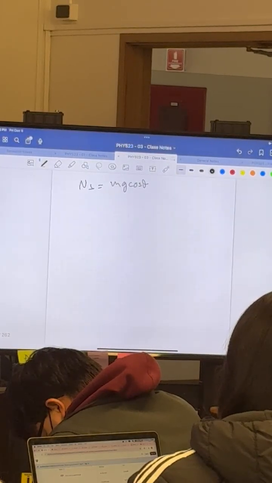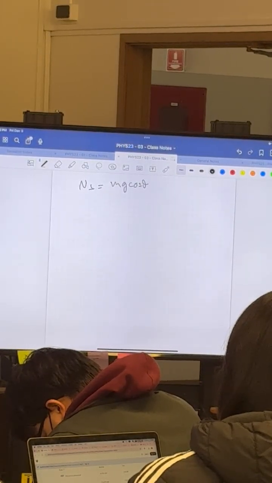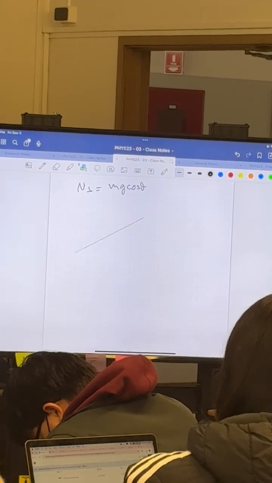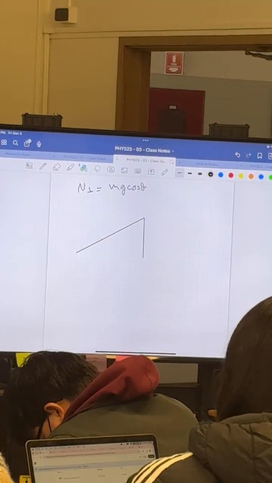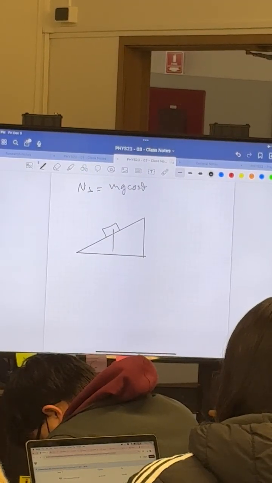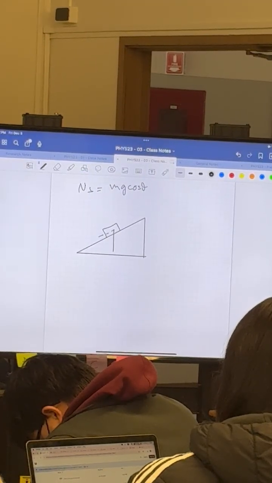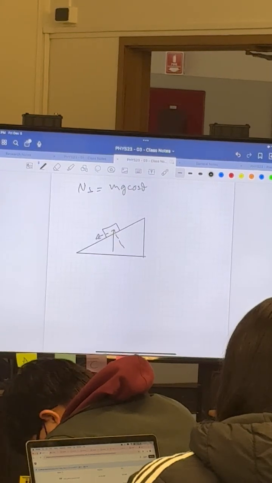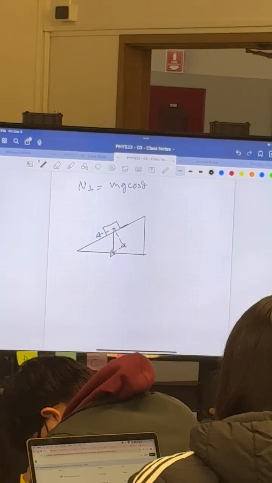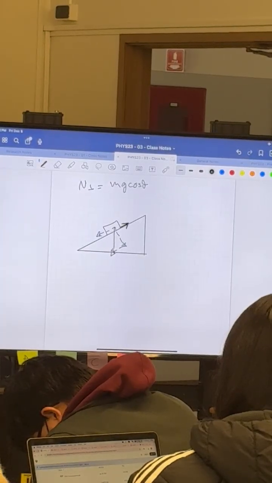But in the other question, they say now do the same thing, but there is kinetic friction. Okay. When you have kinetic friction, the object is going down, basically pushed by the parallel component of the weight, right, that goes in this direction. Now you have a friction in the parallel direction.